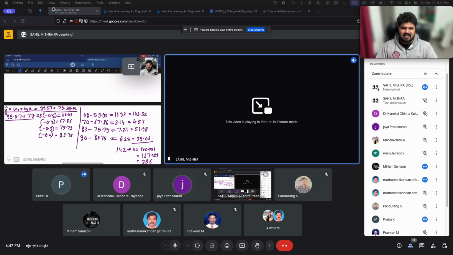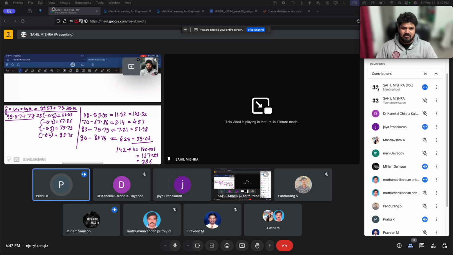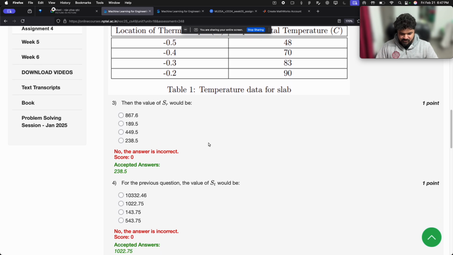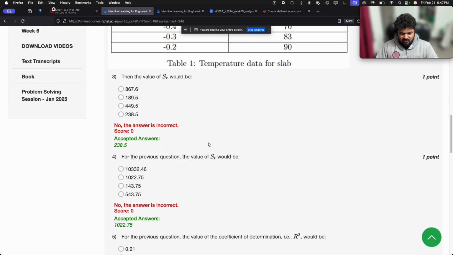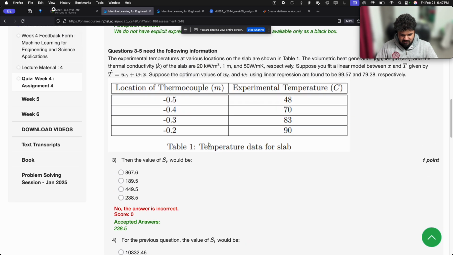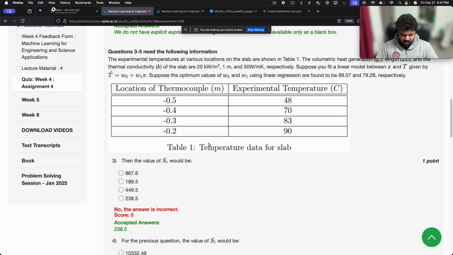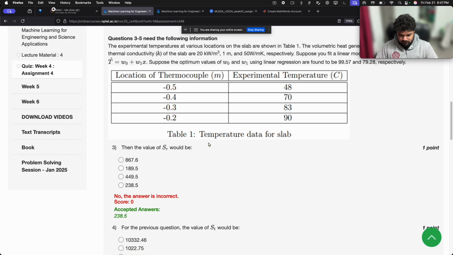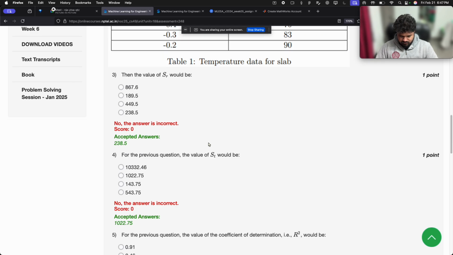So that is basically SST, the total. And y hat, so that is.